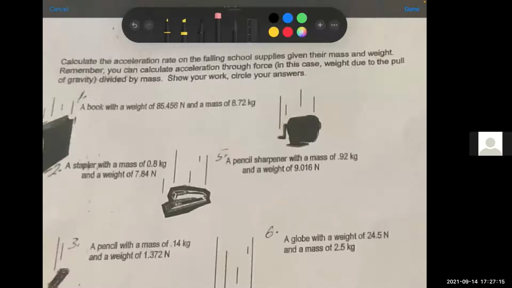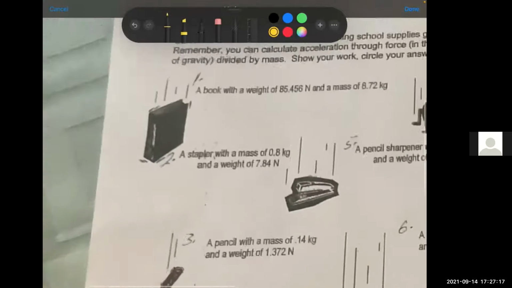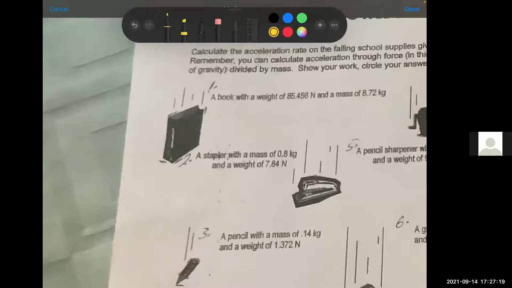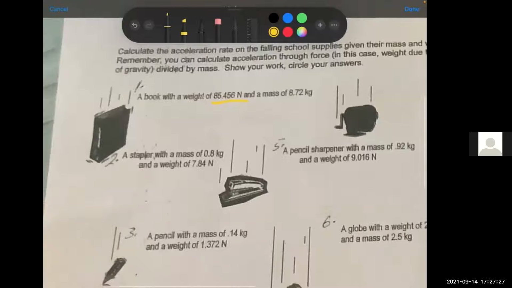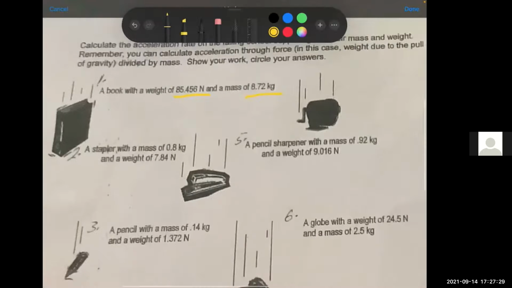Okay, so this is what this is: a book with a weight of 85.456 newtons and a mass of 8.72 kilograms.